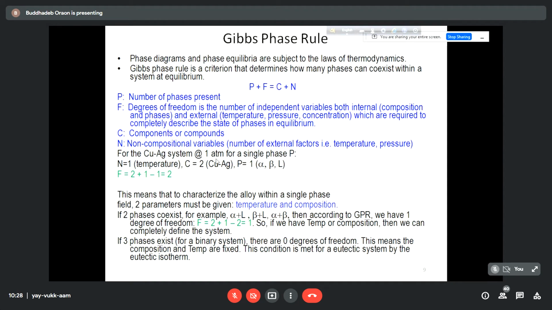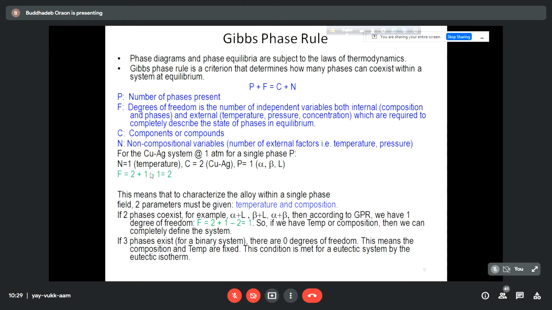Since pressure is not important, the number of external factors N, normally temperature and pressure, but for a metallic system, the effect of pressure is not that significant. So we can consider N equals 1, only temperature.